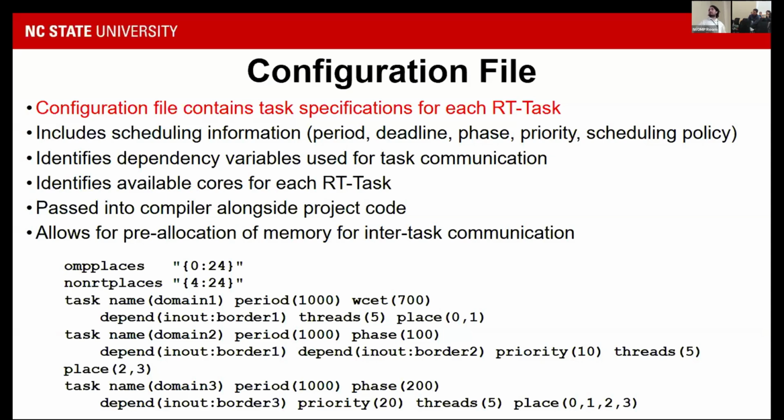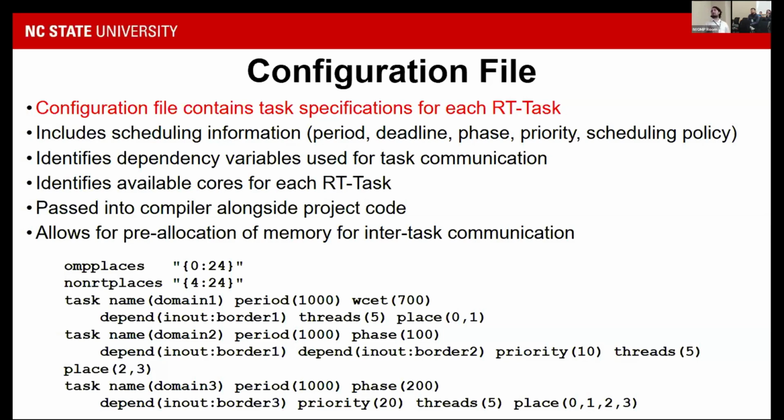This includes the scheduling information for a real-time task: period, deadline, phase, priority, and scheduling policy. Obviously, if your scheduling policy is earliest deadline first, your priority doesn't matter, it can be ignored. And similarly, in many cases, and you'll see this in the experiments, phase can be 0 and deadline can be just the same as period, but we do allow them to be different, because that's required in some systems.